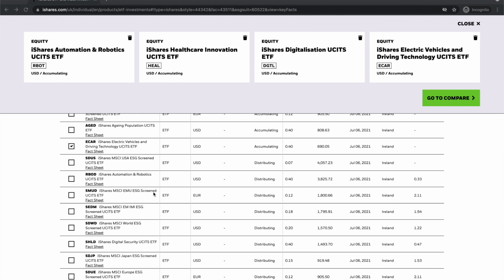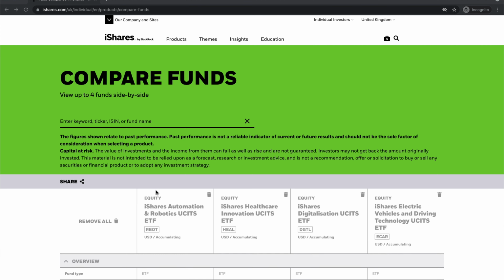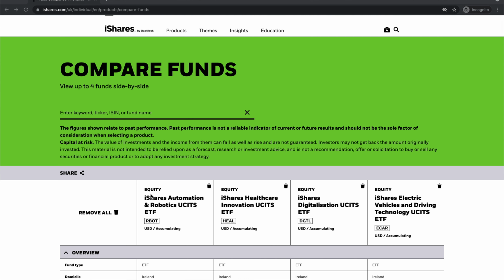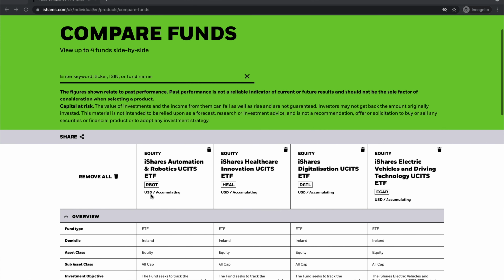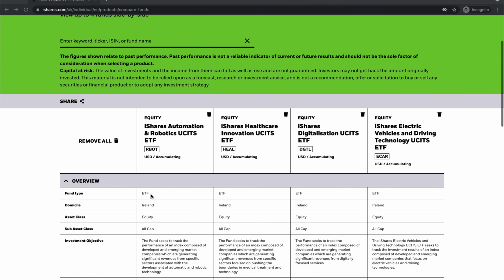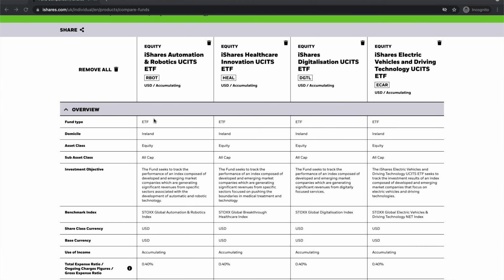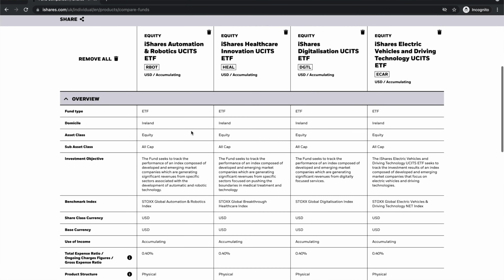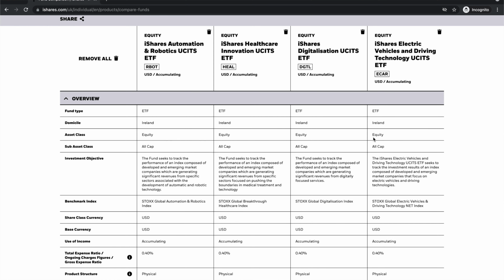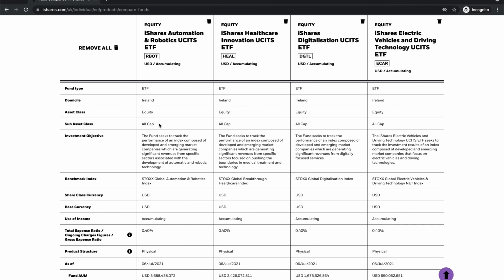Let's compare these 4 ETFs we selected: automation and robotics, healthcare innovation, digitalization, and electric vehicles and driving technology. So as we can see here, the fund type, obviously all ETFs, asset class equity, sub-asset class all cap.